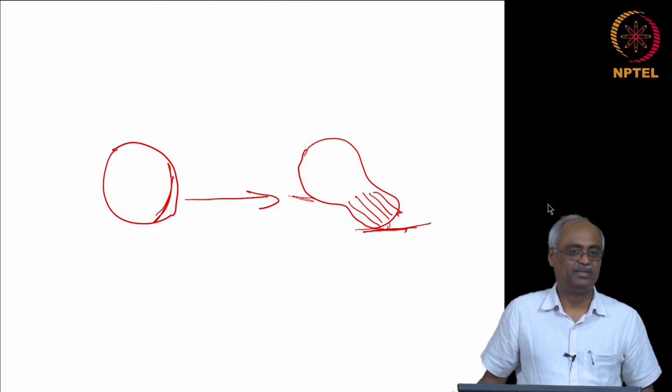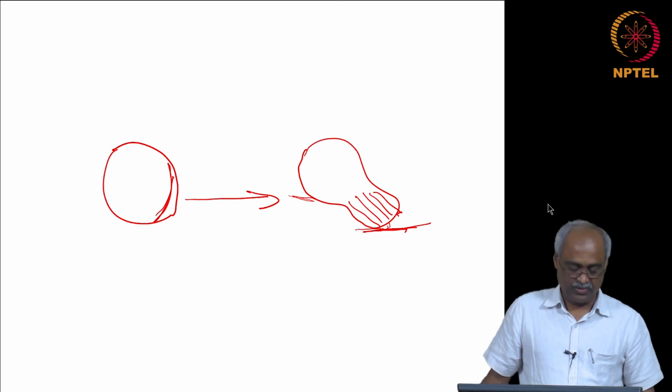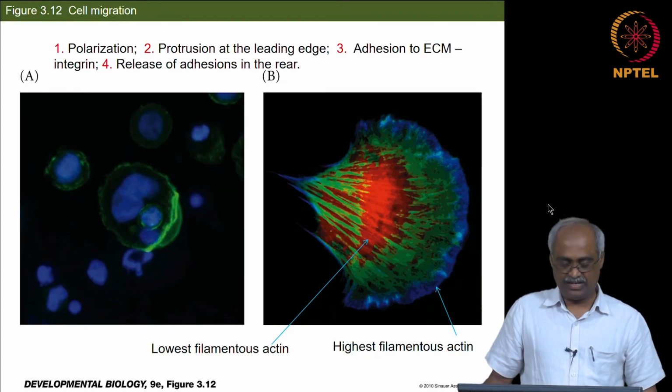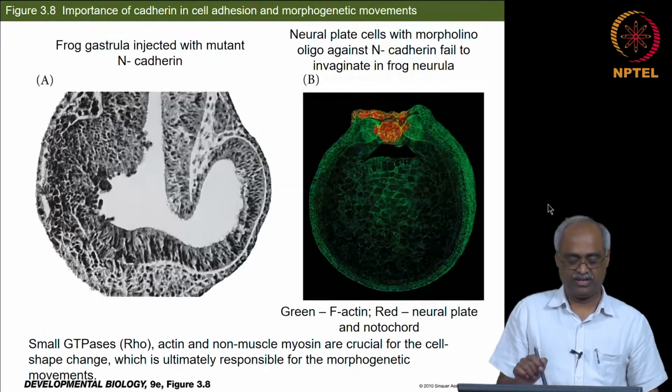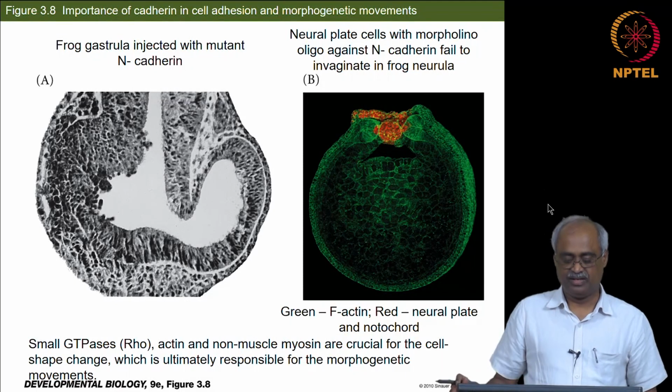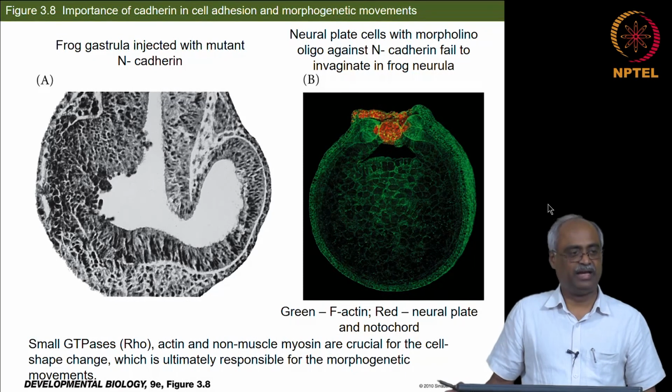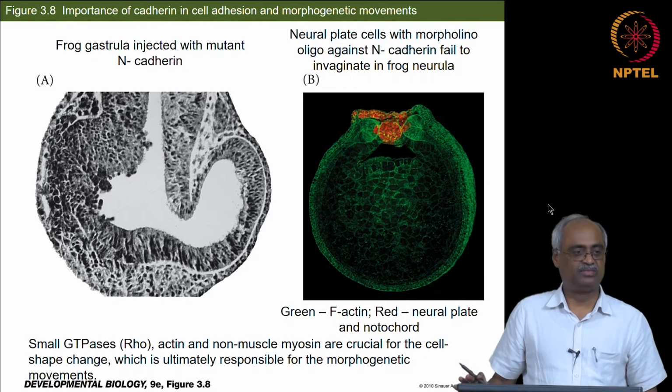So, this is how cells migrate normally. These migrations, as well as what we saw in this particular context, this Rho GTPase and actin, are what is crucial for morphogenetic movements.